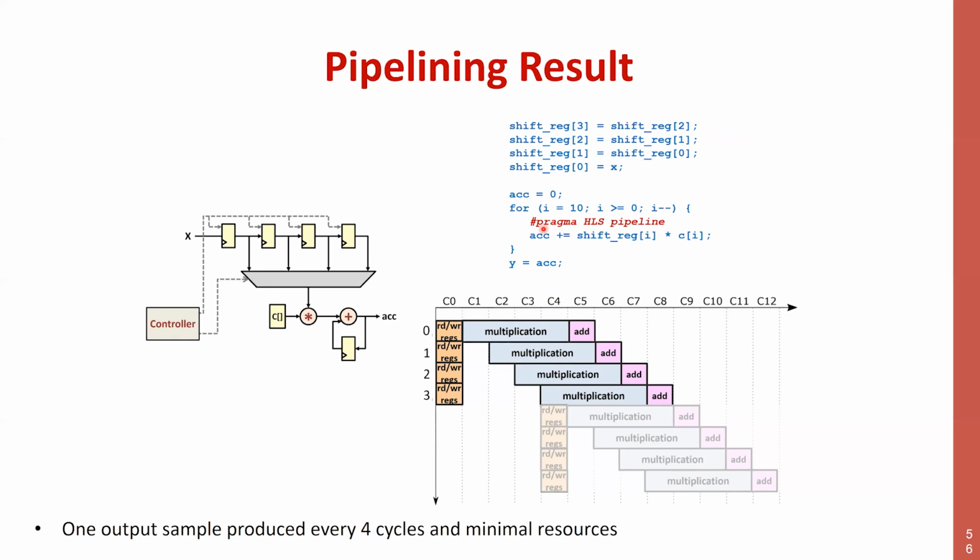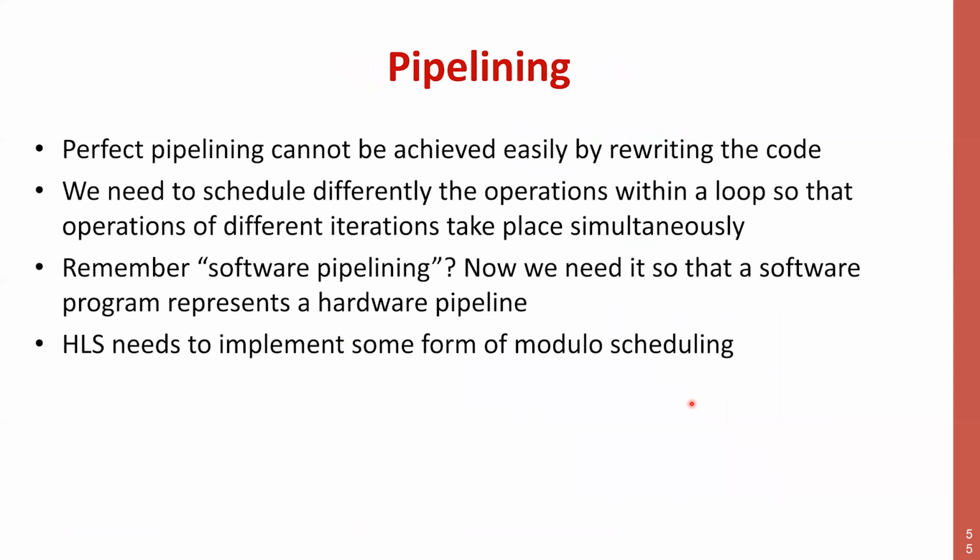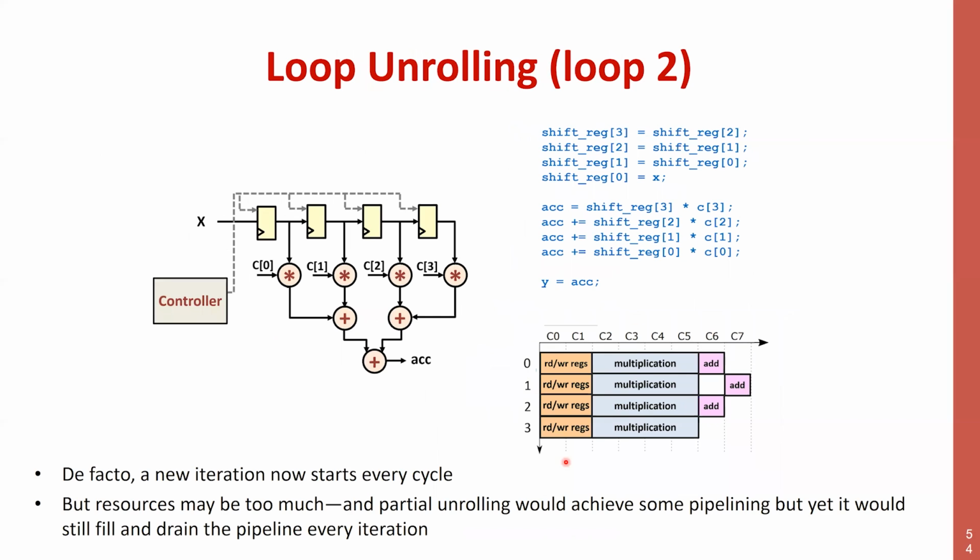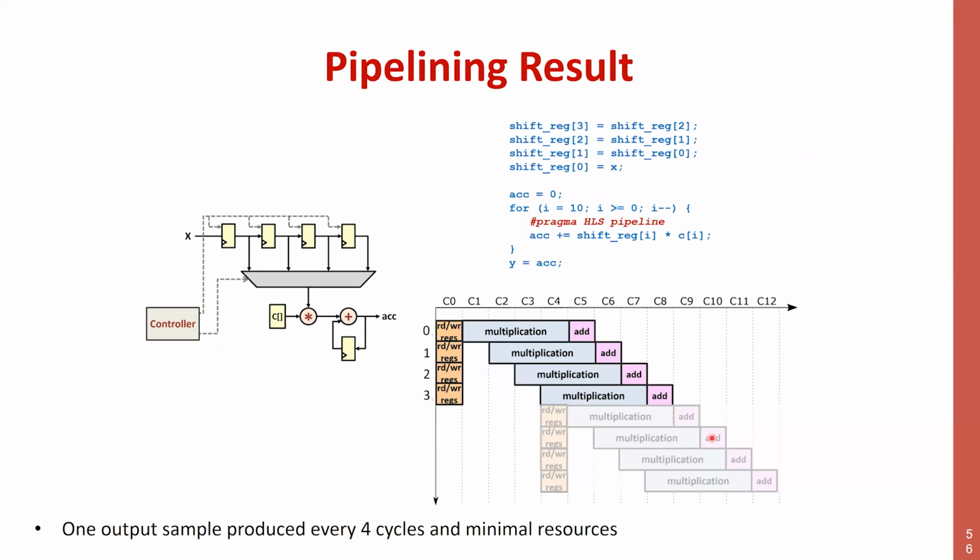You need to help the tool to do it, and then you get this schedule that is only slightly worse than this one in terms of latency, but actually as an initiation interval, you can start a new computation every 4, which is particularly good, or as good as you expect it to be.